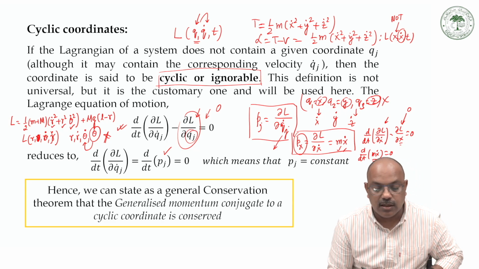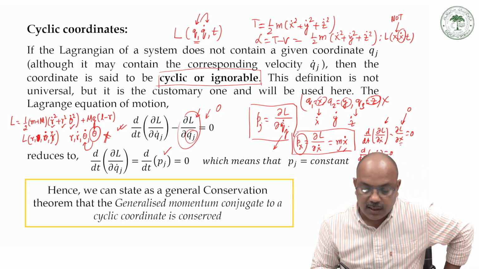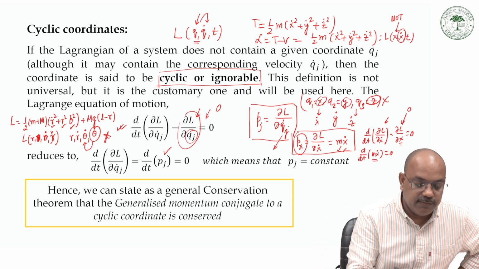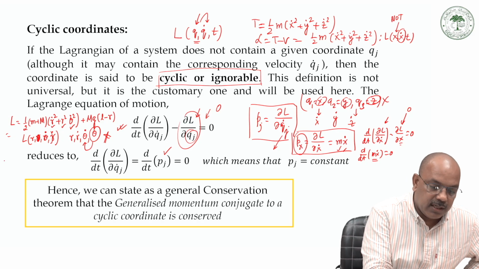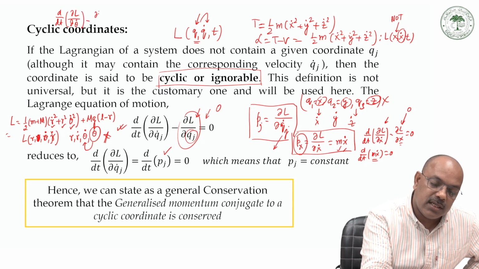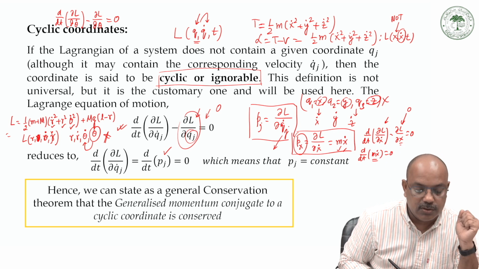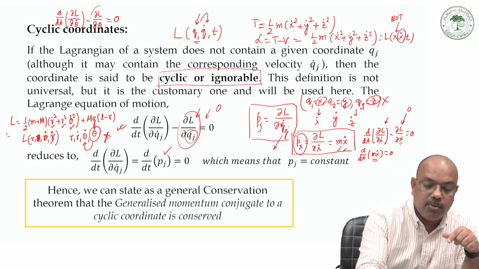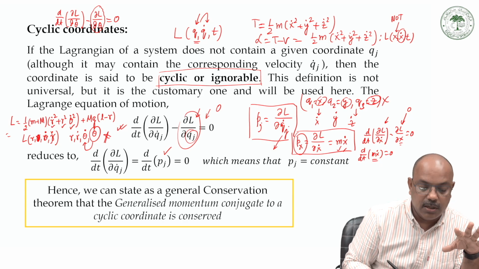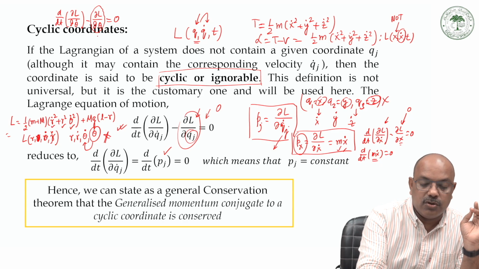Now, the corresponding conjugate momentum: if I write the Euler-Lagrange equation corresponding to theta, it is d/dt of delta L by delta theta dot minus delta L by delta theta equal to 0. But L is not depending upon theta, there is nowhere in the Lagrangian that theta appears, so the second term is 0.